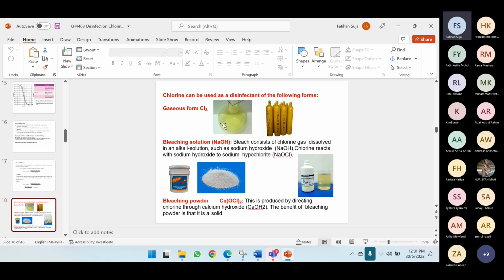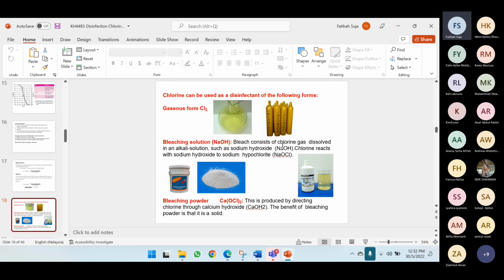This is a good way of disinfecting your water treatment plant, but you have to be very careful, and you must have an expert person, a technician, to take care of the chlorine gas that you store at your water treatment plant site. So you can also use bleaching solution.